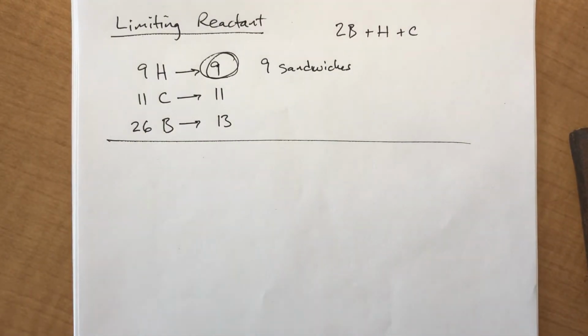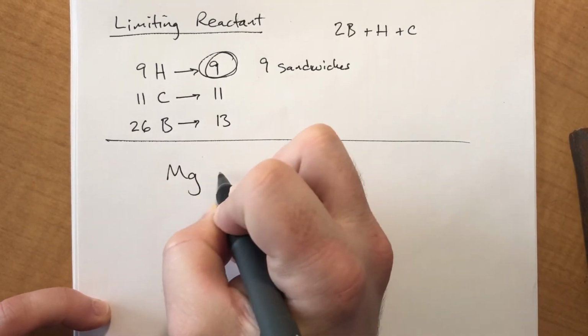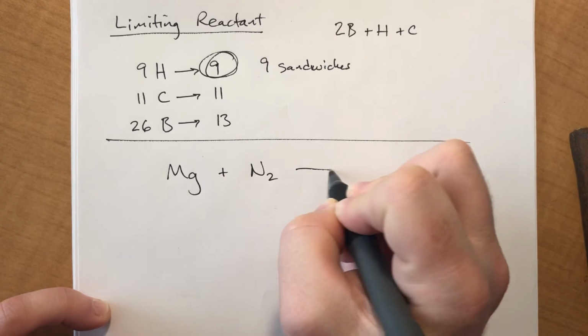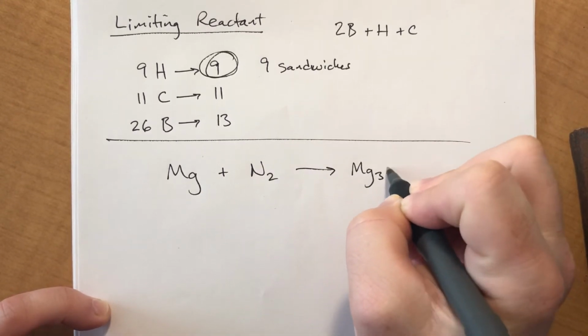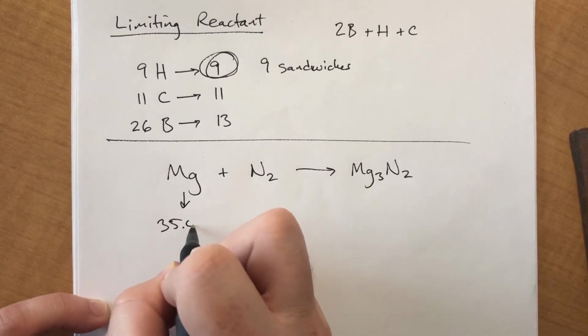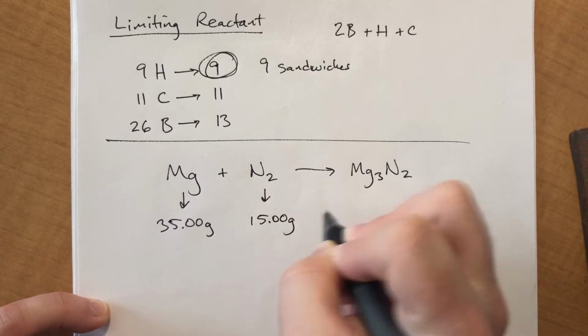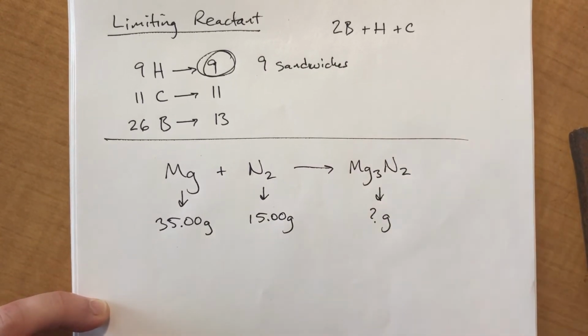So let's try an example. So let's say we have this reaction. Magnesium and nitrogen form Mg3N2. And we want to know if we had 35.00 grams of this and 15.00 grams of this, how many grams of this could we make?